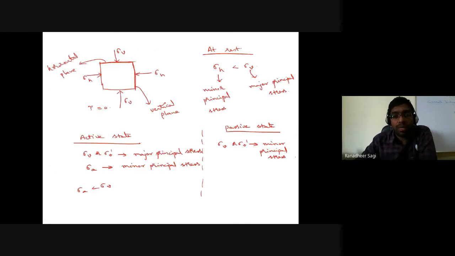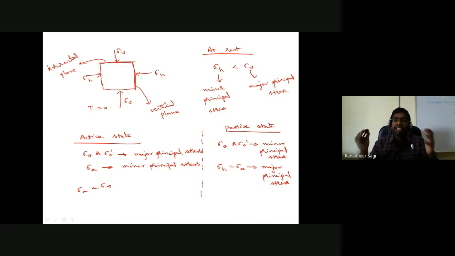It means your major principal stress in the case of your passive state is your horizontal stress. That's nothing but your passive earth pressure, which we are indicating as your horizontal stress, is what we call your major principal stress in the case of the passive state. So horizontal stress in the case of passive state is going to be the major principal stress, and vertical stress in the case of passive state is considered your minor principal stress.